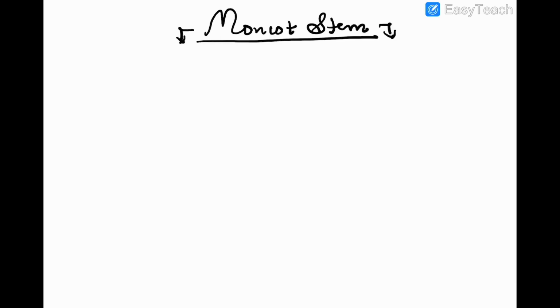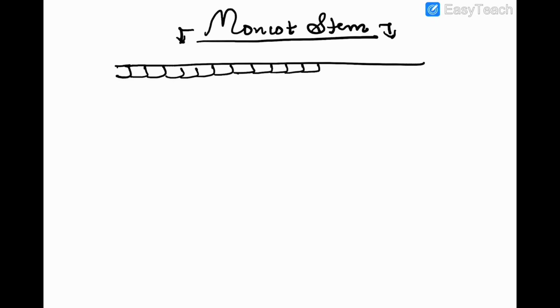If we look at monocot stem, the outermost layer again would be of epidermis. Inner to epidermis would be hypodermis. But now this hypodermis is not collenchymatous like the dicot stem. It is now sclerenchymatous.